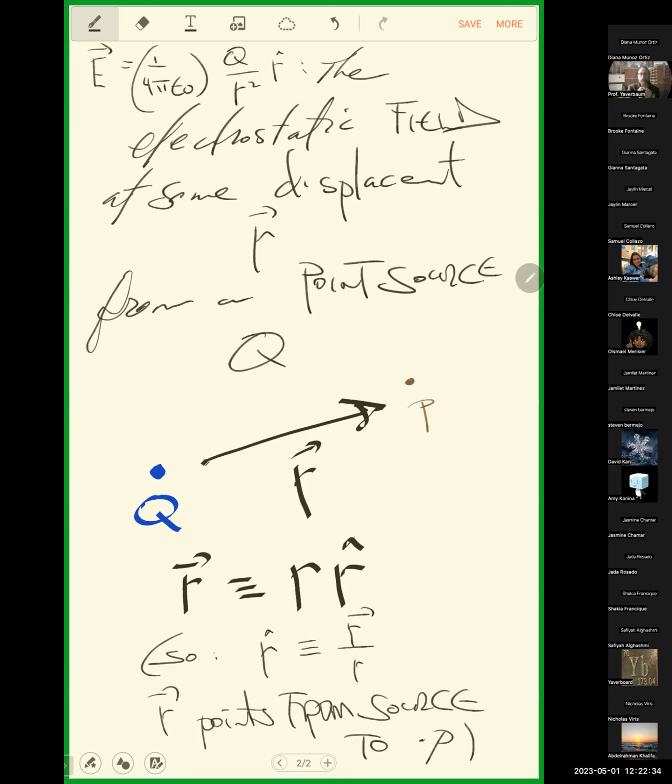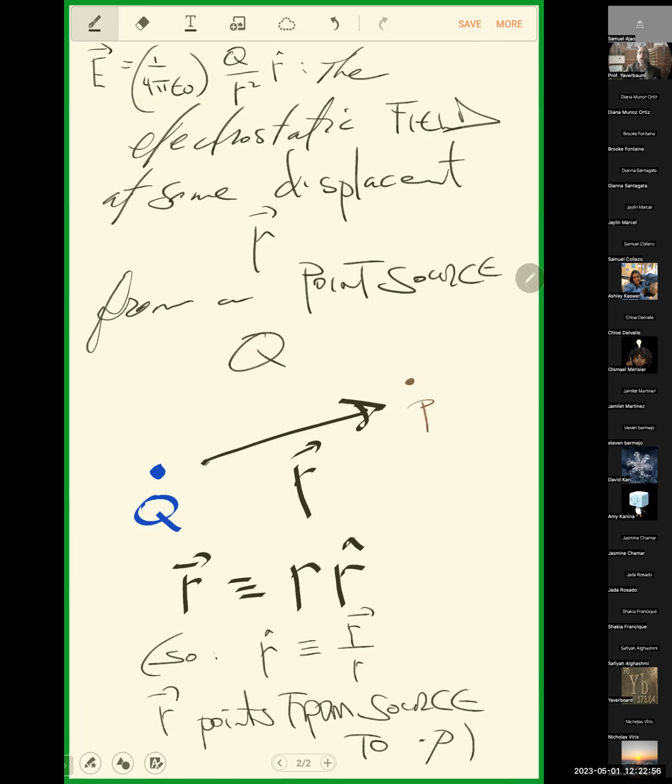The whole idea is that Q deposits, if you like, a vector at every single point in space. The vector that it deposits everywhere in space is just a little vector that has, of course, magnitude and direction. The magnitude of the vector anywhere in space represents the strength of the force that would be exerted on some hypothetical, imaginable test charge, otherwise known as lowercase q, or lowercase q sub 2.